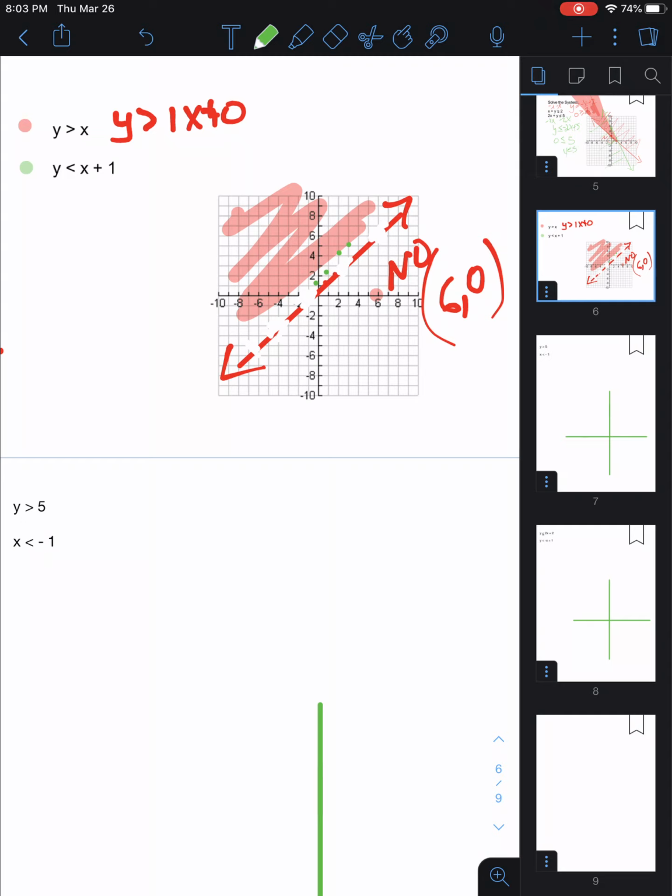I am not getting those correct. So I would draw a line.